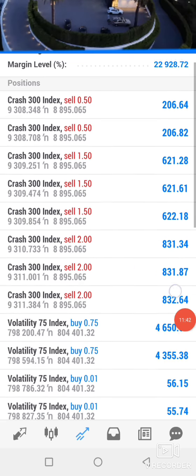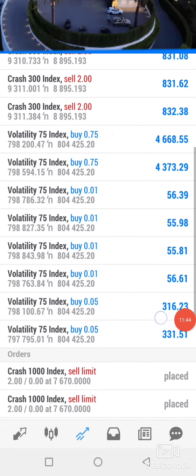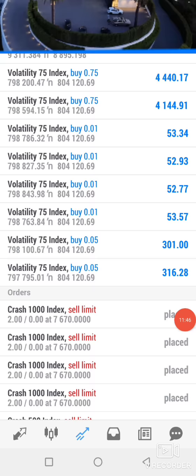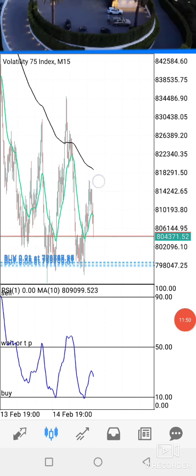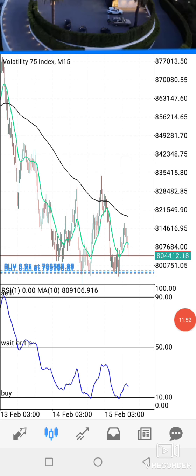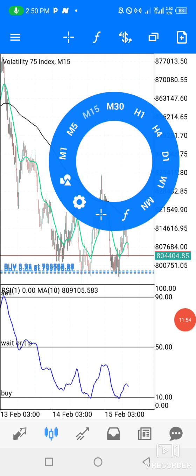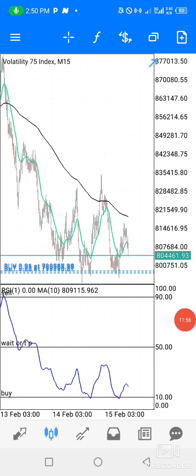Okay, you can see it here. My strategy works. Forget it, it is falling now, after which it will rise. If you go to a lower time frame, you will see the move. It has already moved all the way from here, because when I placed the trade, the price was here, so it pushed to this place.